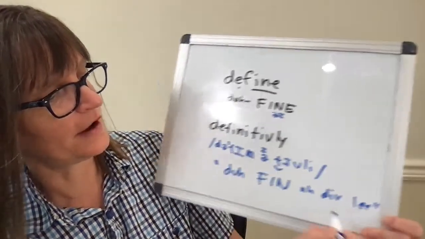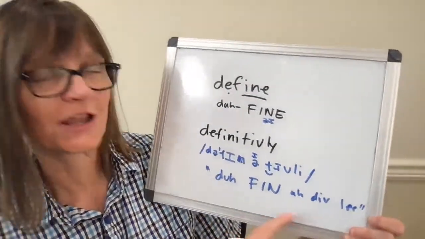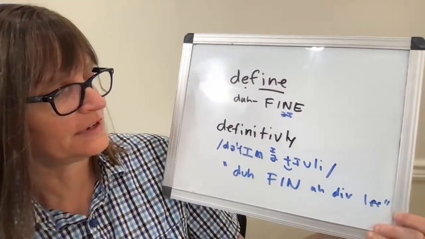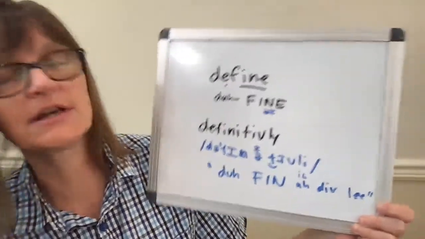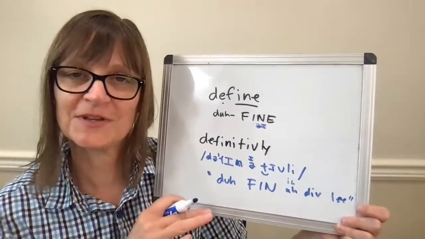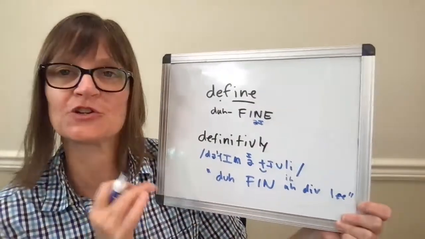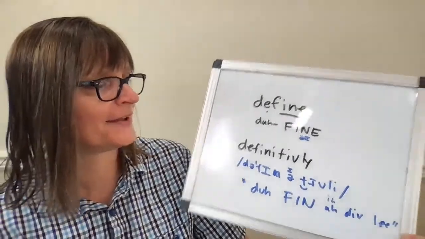So there we have our flap T again, like we were talking about in our last word, definitively. I'd probably say more of an I sound here than an uh sound. Again, those reduced vowels can be a schwa. They can be a reduced lax I sound. Just making sure that you're very quick on them is going to help you to pronounce the word correctly. Good request. Thank you so much.